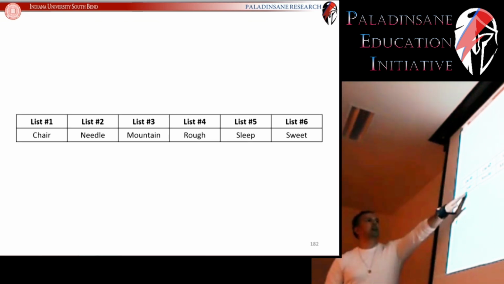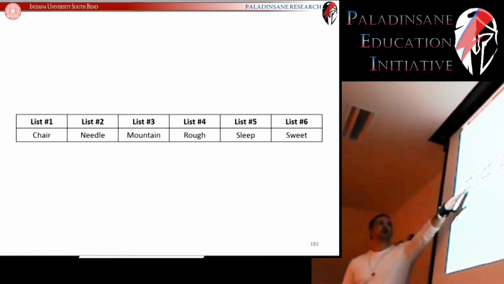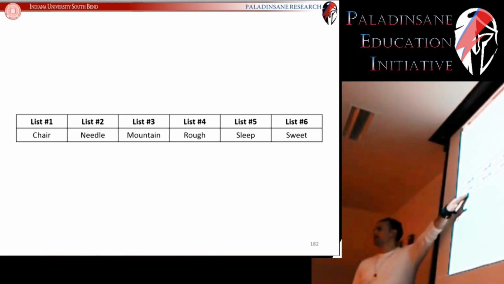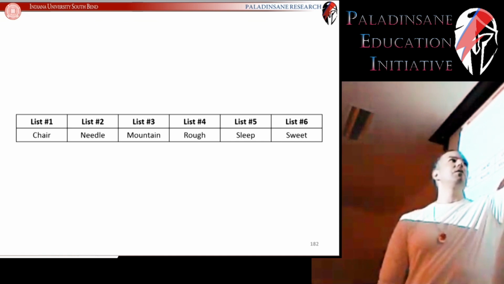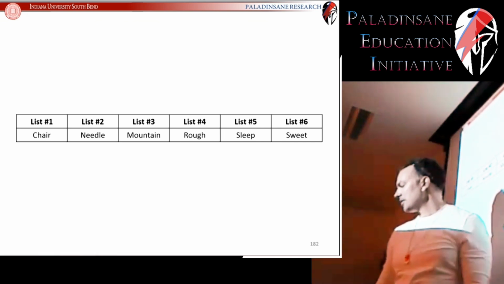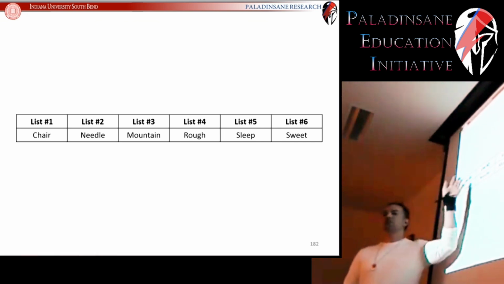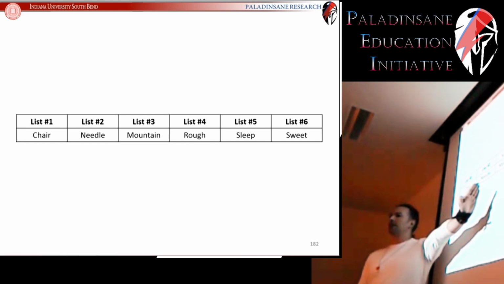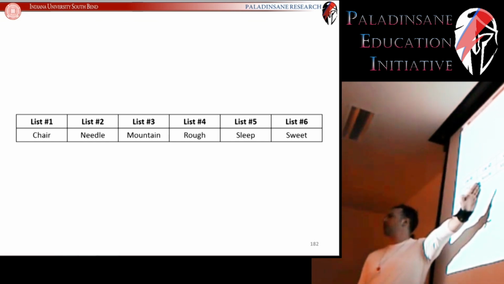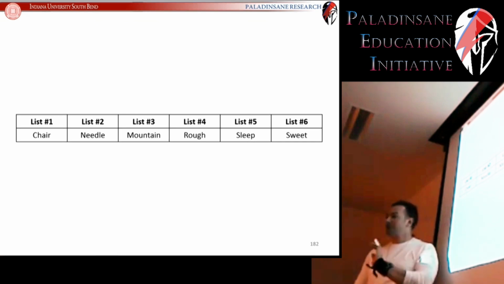So right now I got some of you to write down the word chair, where chair was never actually presented. I got some of you to write down the word sweet, and sweet was never presented. If that's where this story ends, I have a nice little parlor trick that I could probably bring out at dinner parties and be like, ooh, did you write down sweet?